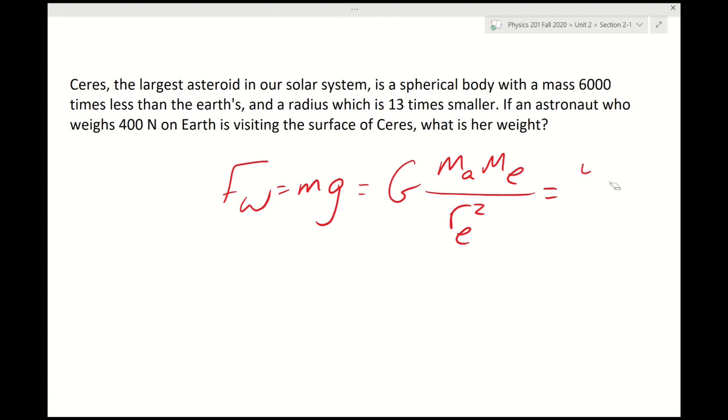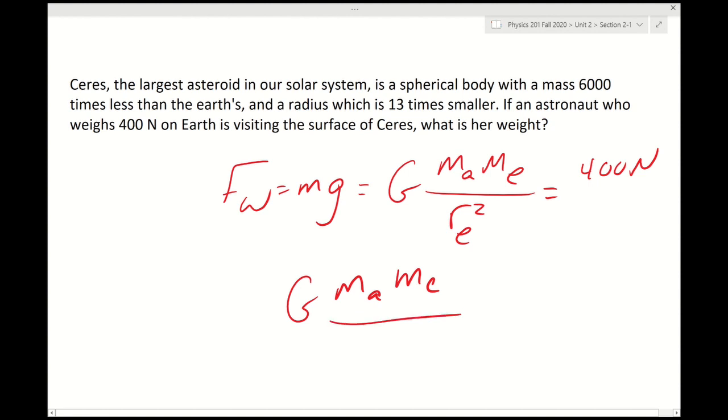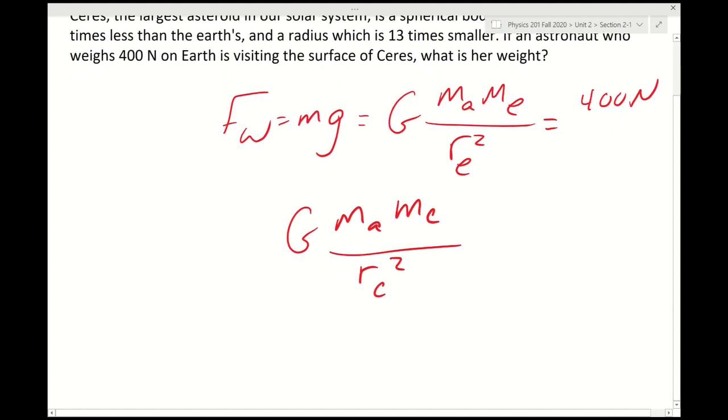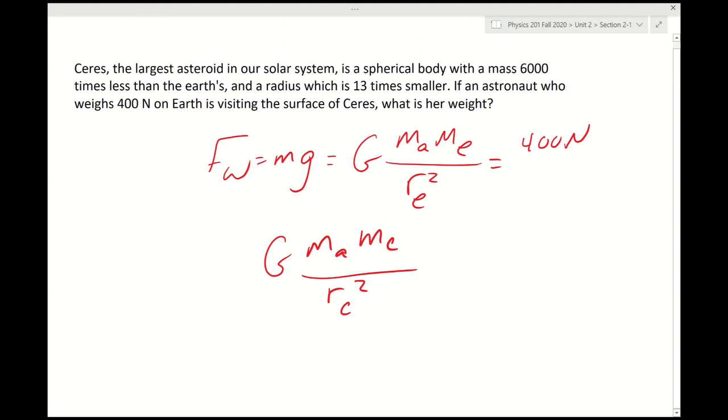Big G, mass of the astronaut, mass of Ceres, which we can write as me over 6,000. The radius of Ceres, which we can write as re over 13 squared. Big G, ma, me over 6,000 divided by re squared over 169, which is 13 squared.